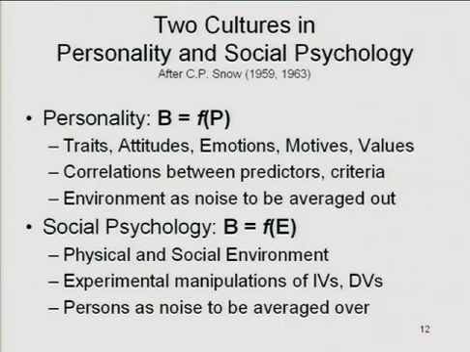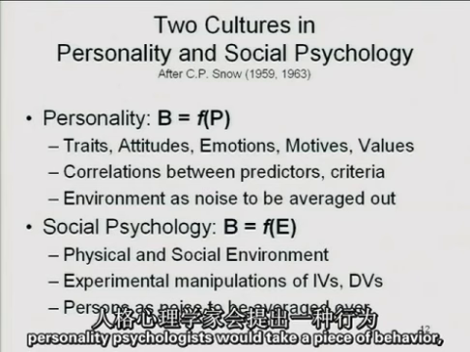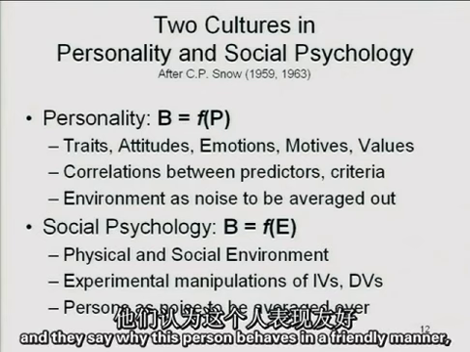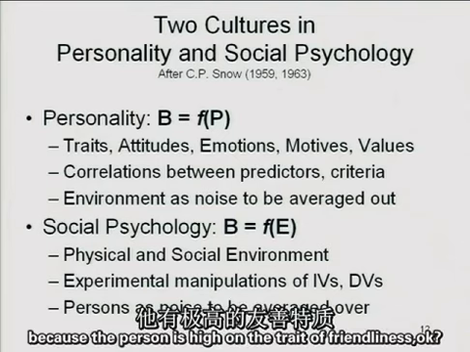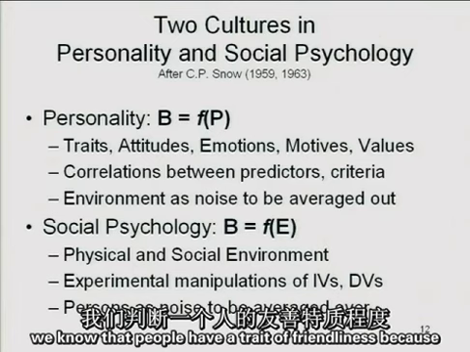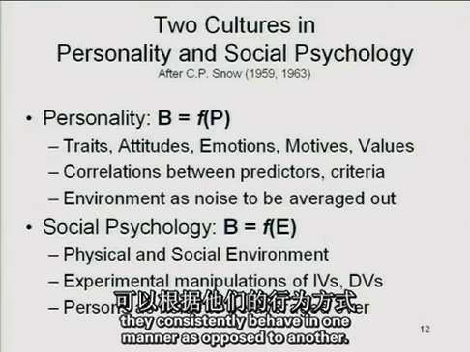Traditionally, for example, personality psychologists would take a piece of behavior like a person behaves in a friendly manner, and then say, why does the person behave in a friendly manner? And the answer would be, because the person is high on a trait of friendliness. Okay? High friendliness causes people to behave in a friendly manner. We know that people have a trait of friendliness because they consistently behave in one manner as opposed to another.